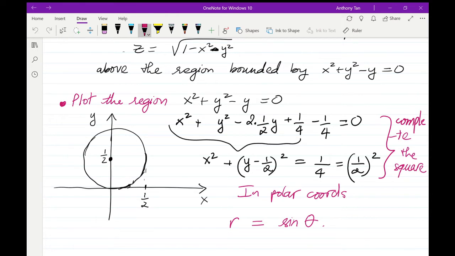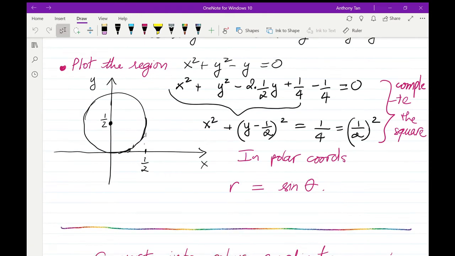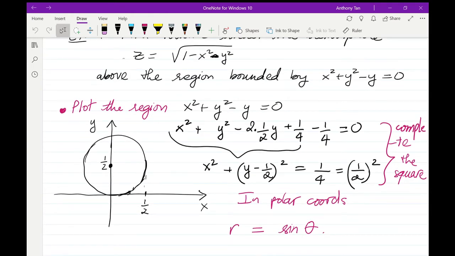It is clear in this case that we could use polar coordinates because a circle is a radial region. So what happens if we want to convert this into polar coordinates? Step 1 is we plot the region and then we write it in terms of polar coordinates.